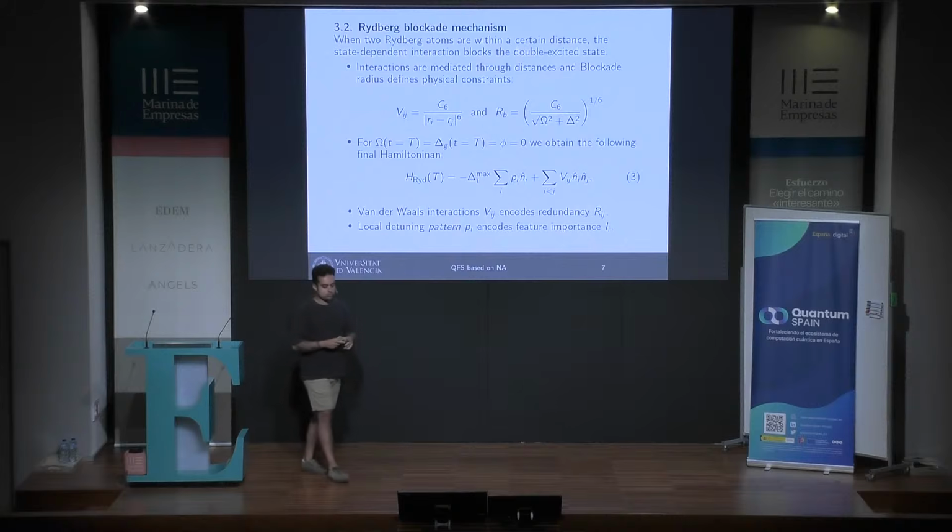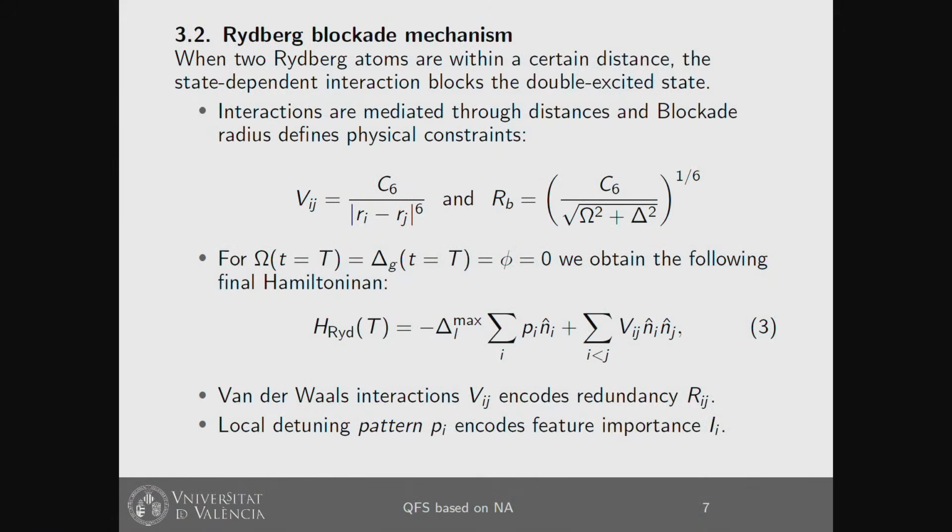It's very important to talk about the Rydberg blockade mechanism, because this behavior is what we are going to use to find a particular selection of features. What we observe when we put two neutral atoms very close is that they cannot be activated at the same time.